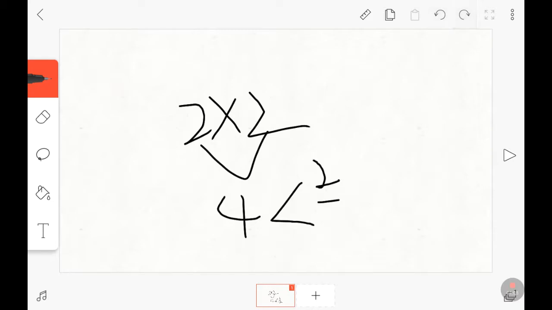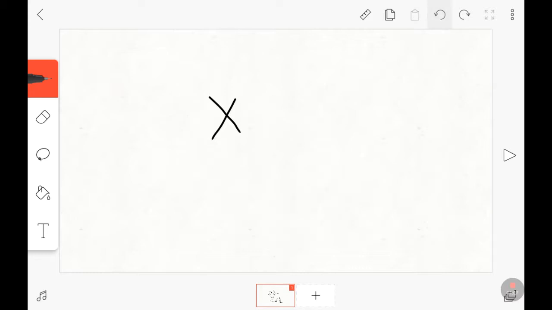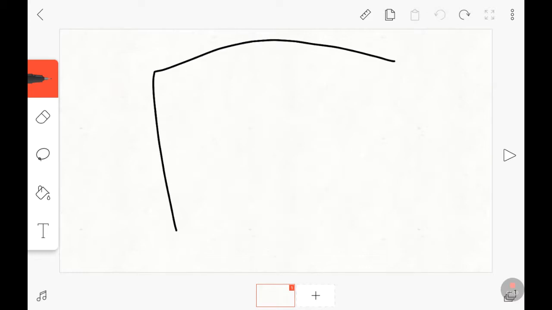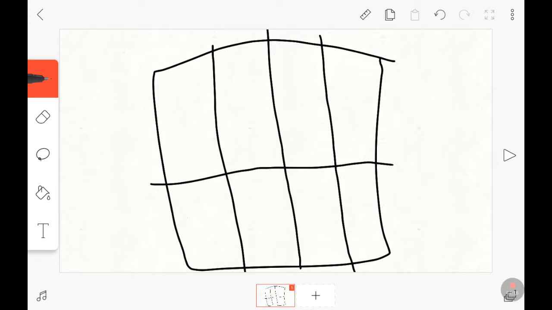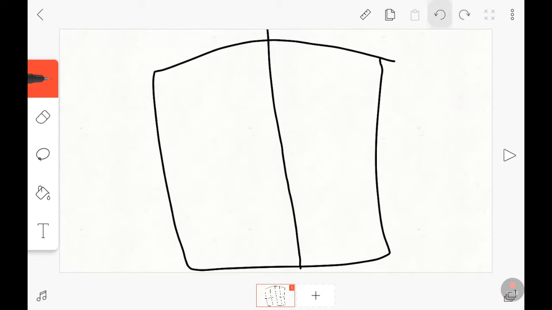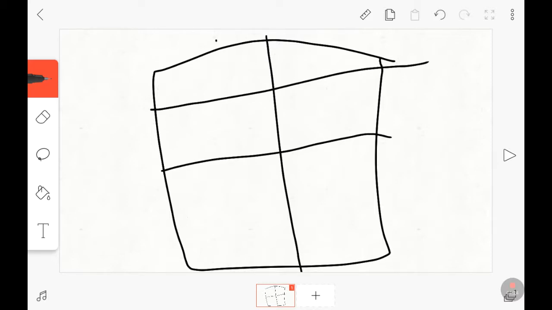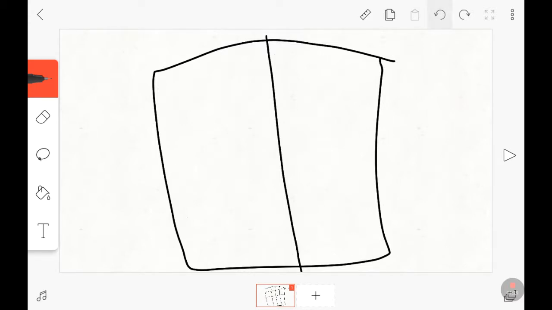Or go bigger with harder numbers, like 25. 5 lots of 5. I have no idea how to make a 25 square. Or even bigger numbers.